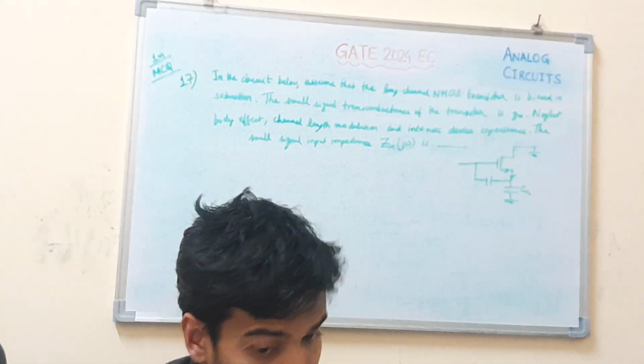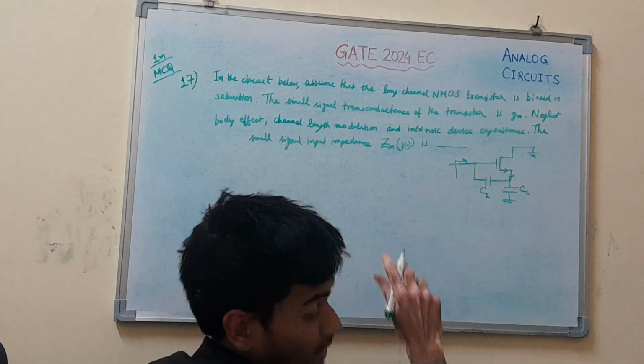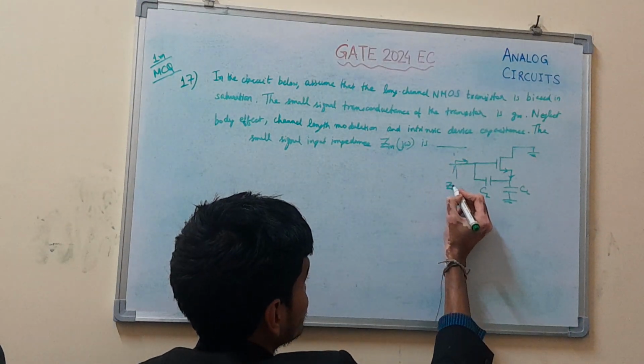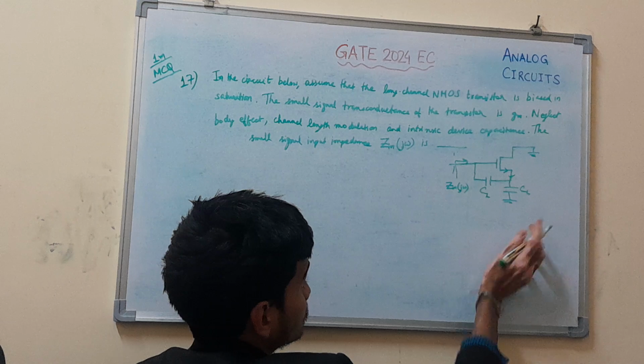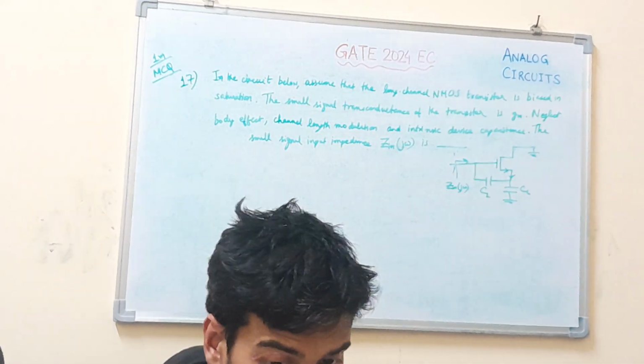CL, C1, this is Z in. Looking into this circuit, Z in of j omega.